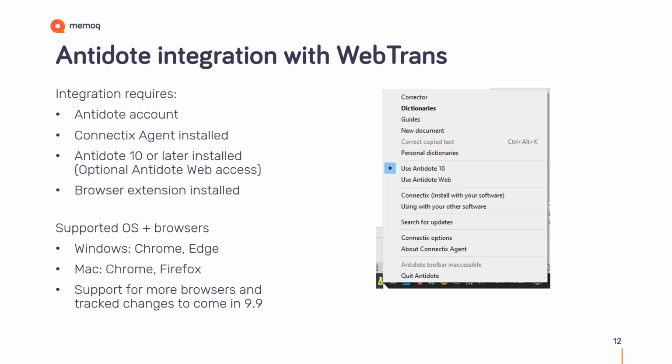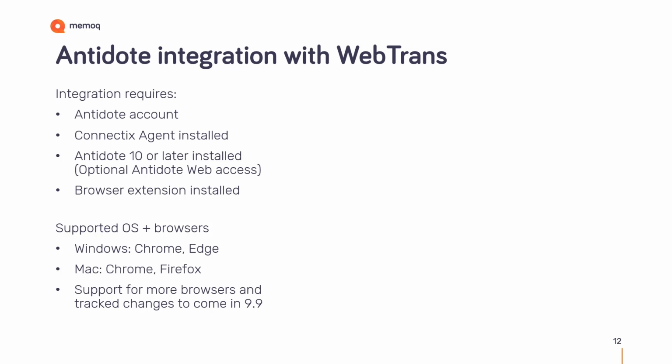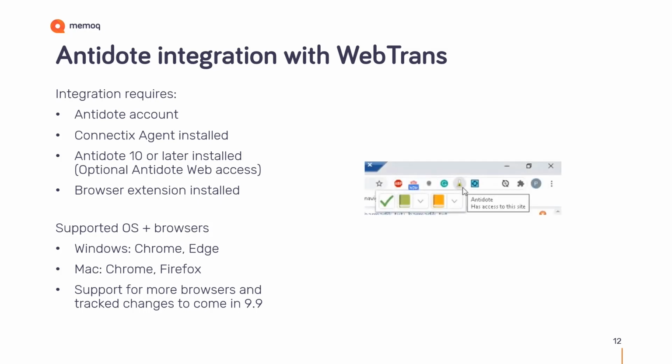In my case, I have the desktop version, Antidote 10, but I also have the option attached to my account to use Antidote Web for the same functionality. And you also need to have a browser extension installed on your browser.